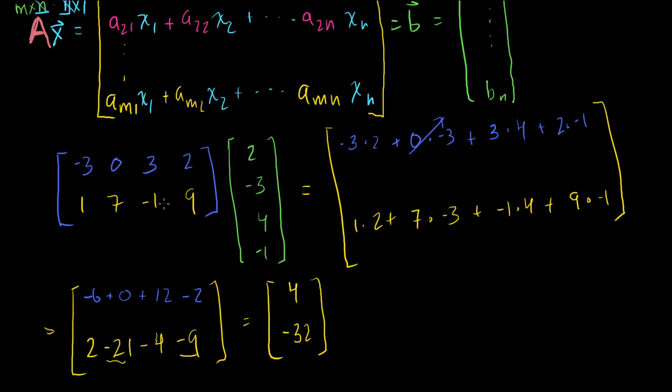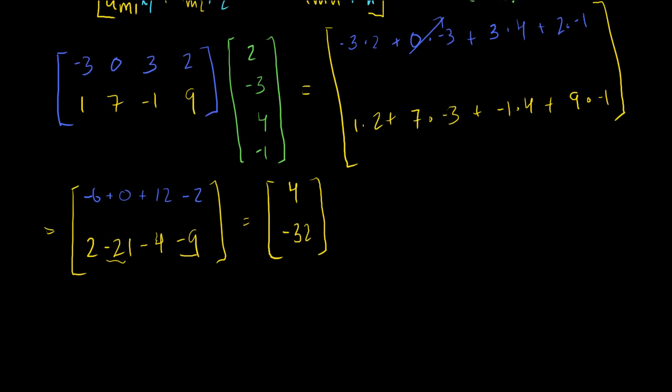And like I said, you can view it. And let me be very clear right here. Everything we've been used to right now, we've been writing our vectors as column vectors. But you could view each of these guys right here as a row vector. But let me be even better.